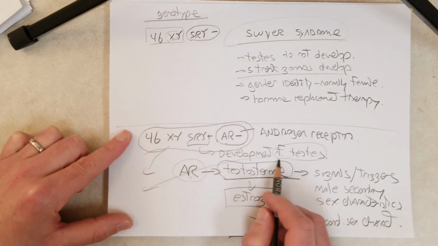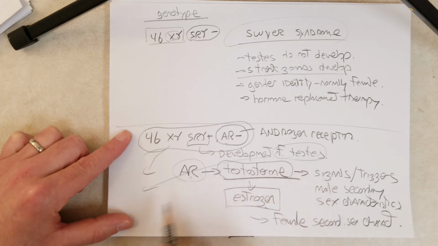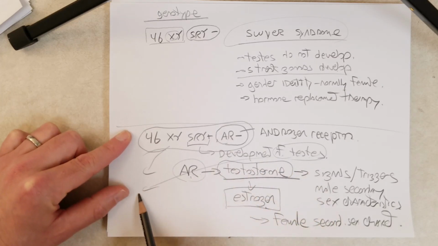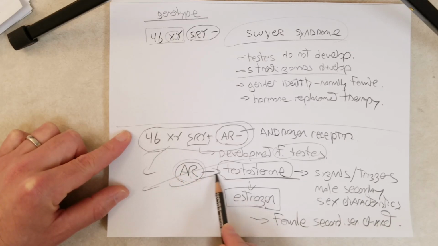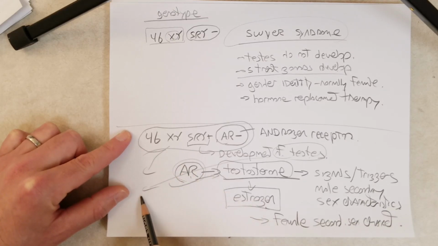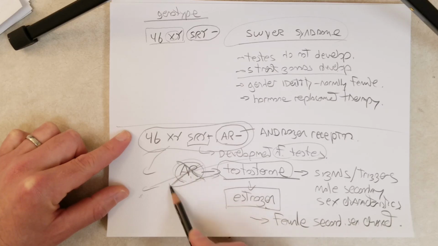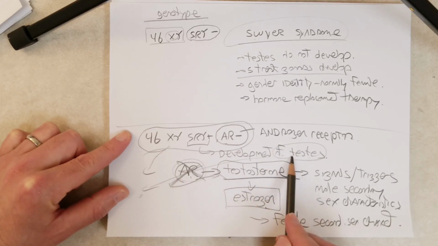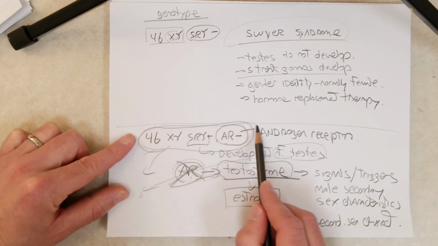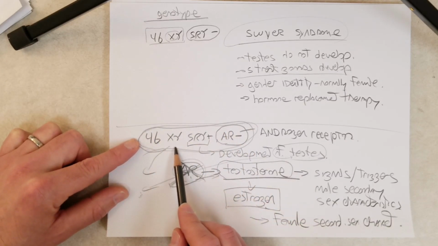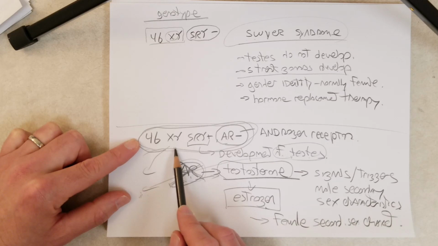However, the testes do not produce functional sperm. The reason is that the androgen receptor and testosterone have a role in making functional sperm. The testes are there, they're making testosterone, but they don't make functional sperm. So individuals with this are phenotypically female, but they have testes and they are infertile.